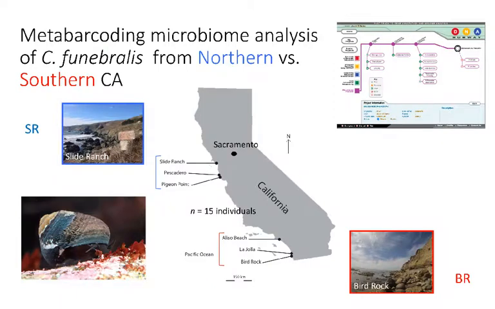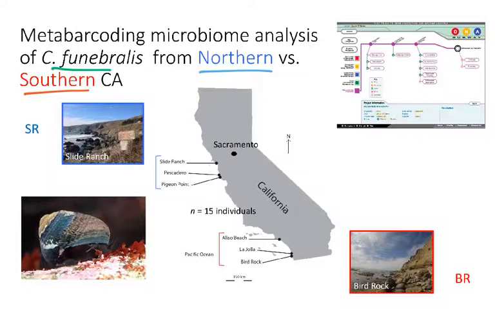Another potential option is doing the same sort of metabarcoding microbiome analysis, but comparing 2 different things. In this case, this potential project option is comparing individuals of the same species of C. funebralis, but this time, instead of comparing it to a different species, it's comparing different populations from Northern and Southern California.